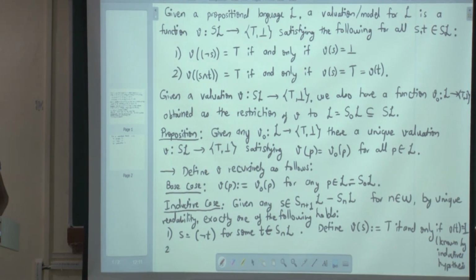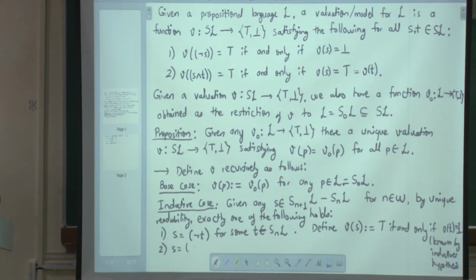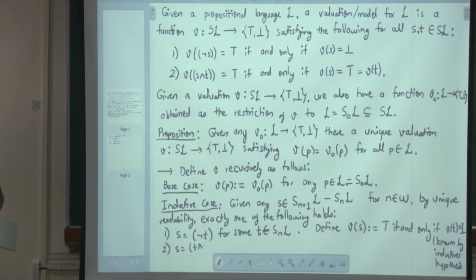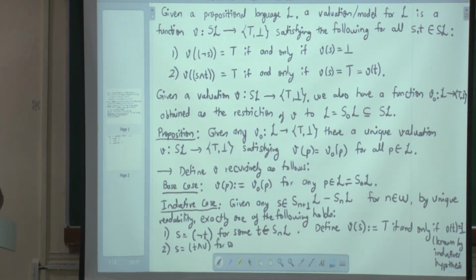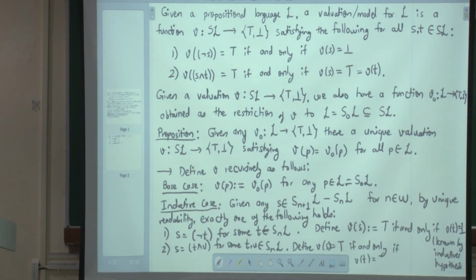Secondly, what can it be? S is equal to T conjunction U for some T and U in S_nL, and in this case define V of S to be true, whenever I say define, then I use colon equal to, definition equal, if and only if V of T is true and V of U is also true.